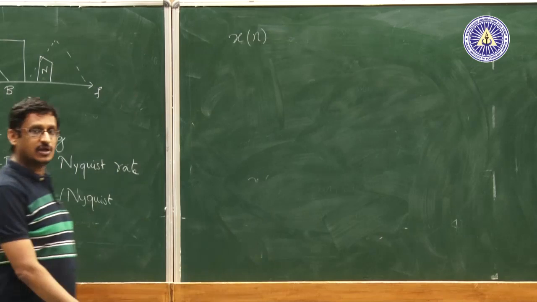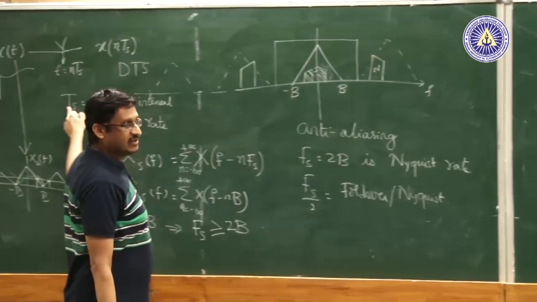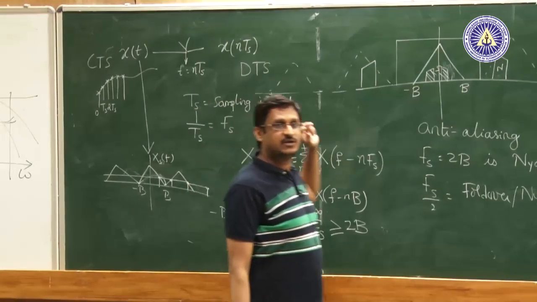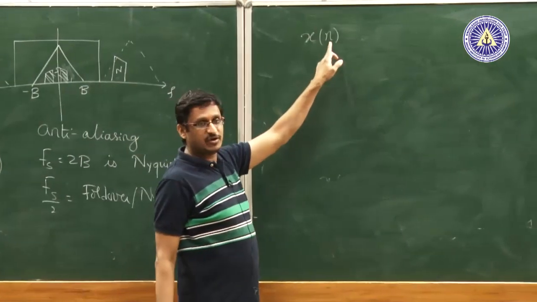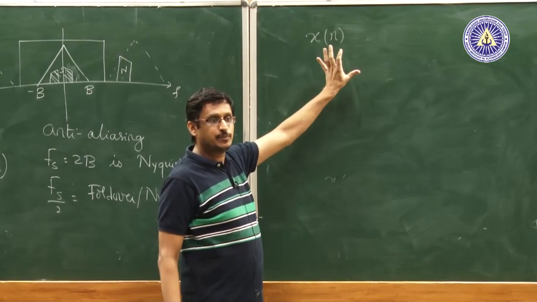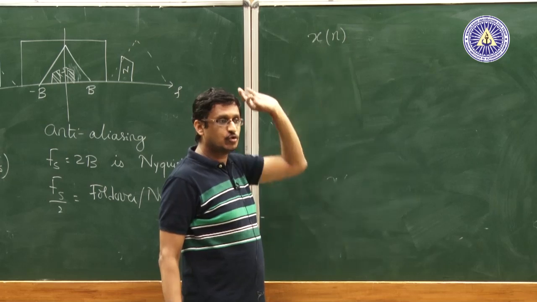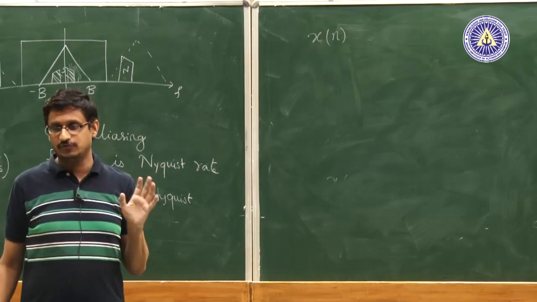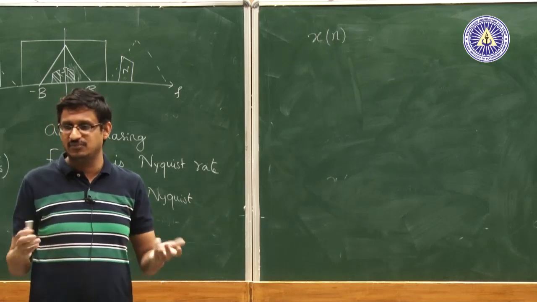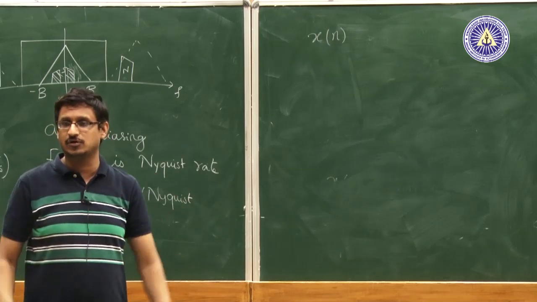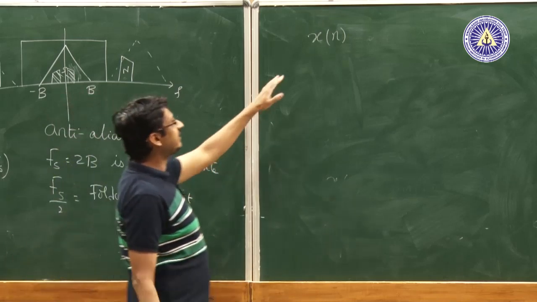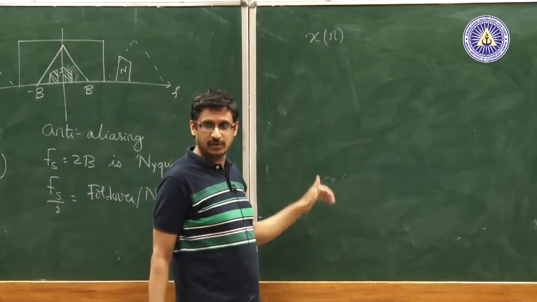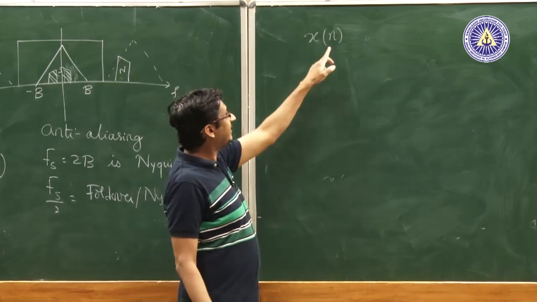Please note that now I have dropped this Ts in the notation, because in every operation that we perform on a computer, you should know what was the original value of Ts. If you know that, then there is no problem, right. If you do not know, then you have to keep that notation, but you always know that as a prerequisite of a problem, right. So, this x of n is simply a table of numbers or a set of numbers that has been given to you, and n is an integer.